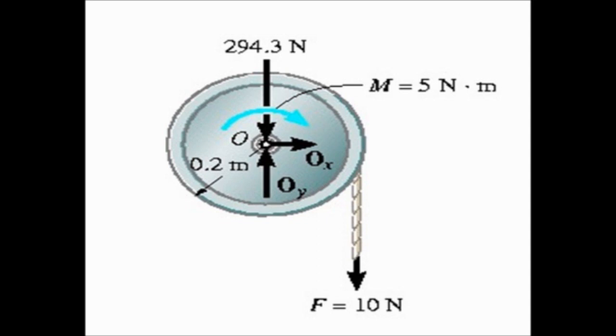The weight of the disc, 294.3 Newton, acts through its center point O, and point O is also pin jointed, hence it has two reactions, one acting horizontally and the other in the vertical direction, that are marked by Ox and Oy. Now we are ready with the free body diagram.